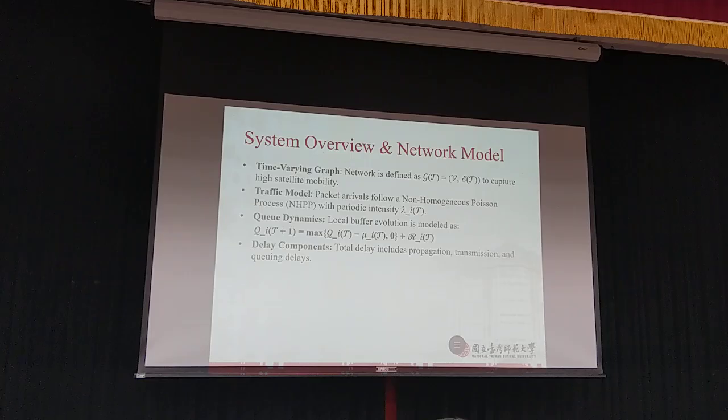Packet arrivals follow a non-homogeneous Poisson process with periodic intensity. Queue dynamics are strictly modeled. The next state depends on transmitted and newly arrived packets. Delay comprehensively includes propagation, transmission, and queuing.